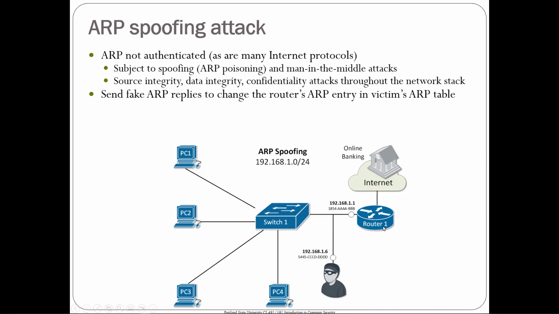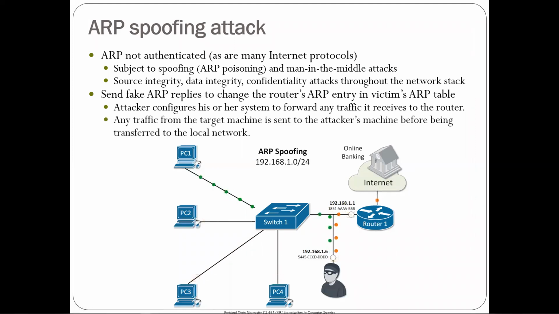So when this happens, all the adversary needs to do is then configure his or her machine to then take any packets from PC1, slurp them up, and then forward them back out to the real router. And this is what you end up getting, this person in the middle attack on your local area network.